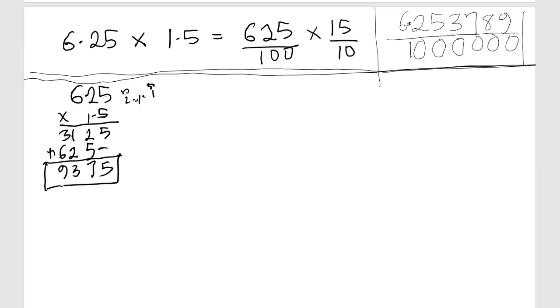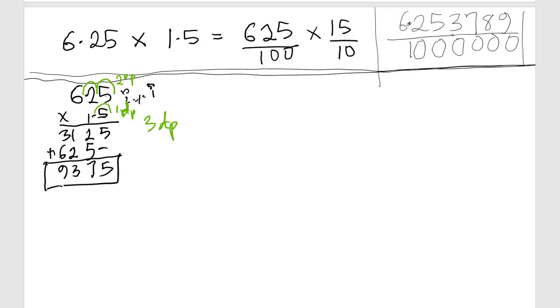So now you count the number of decimal places back to a whole number. Here you have 2 decimal places, and here you have 1 decimal place. So altogether you have 3 decimal places.